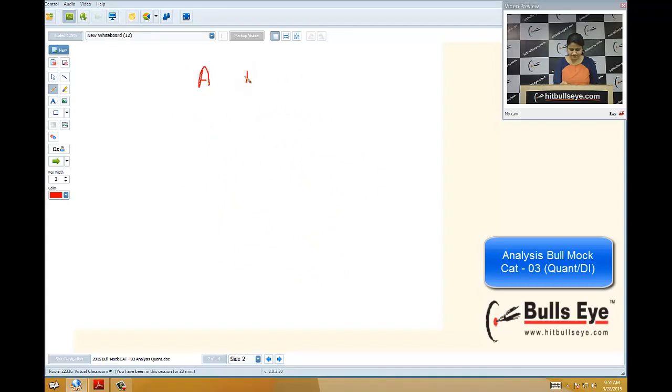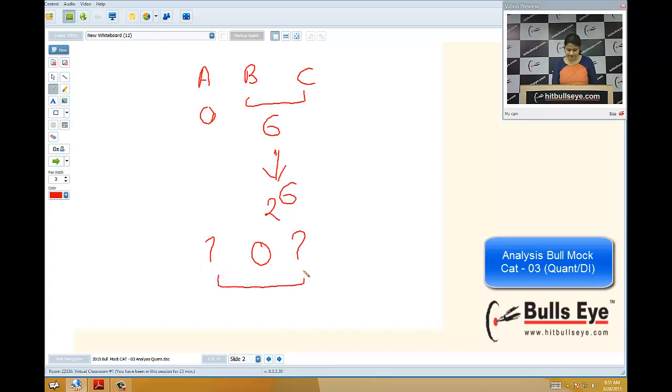Now, if A is getting 0 books, it means B and C together are getting 6 books. It can be done in 2 raised to power 6 ways. For the first book, there are 2 choices, B and C. For the second book, there are 2 choices, B and C, and so on. Now I am taking the case in which B is getting 0 books. Now A and C are getting 6 books.